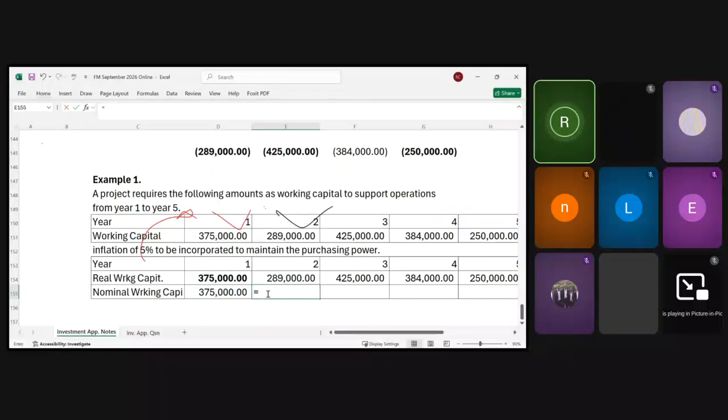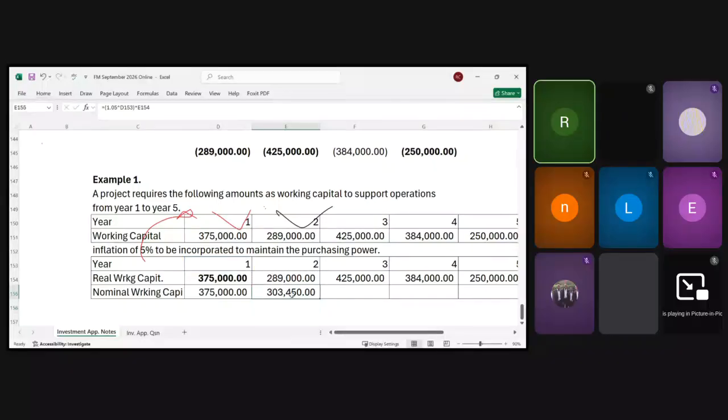With this one now, I'm going to have 1.05 to the power of year 1, because our inflation is behind by 1 year. Why? Because we want to drag these figures into advance. That's why we put the inflation of the prior year multiplied by the amount there.